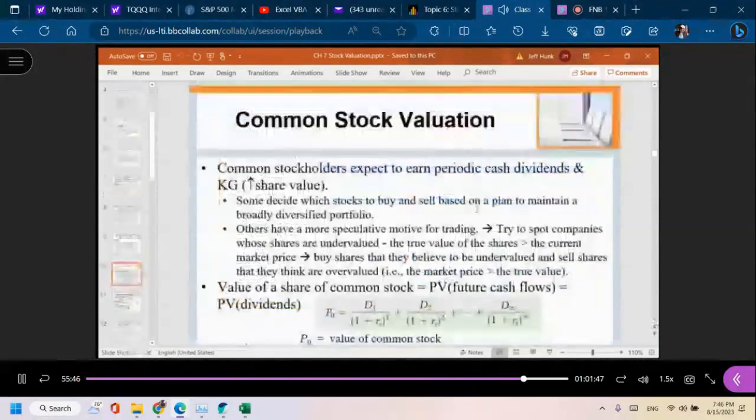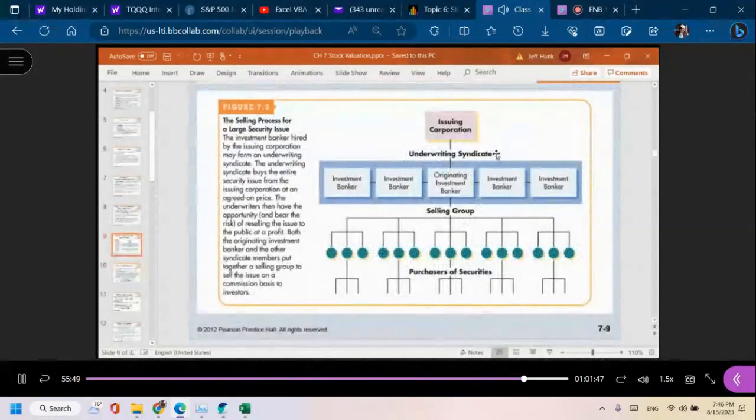There is an issuing corporation that is floating an IPO, and there's an investment bank that they originally started to work with. That's called the originating house. So, for example, they chose to work with J.P. Morgan, right? And then J.P. Morgan will form a syndicate with other investment banks like Merrill Lynch or Goldman Sachs and others.